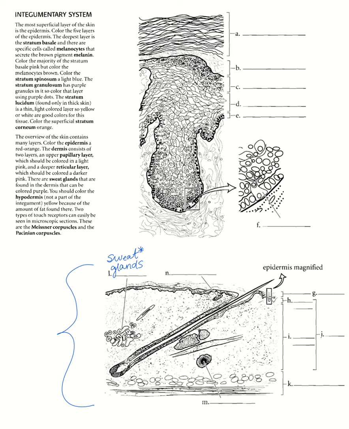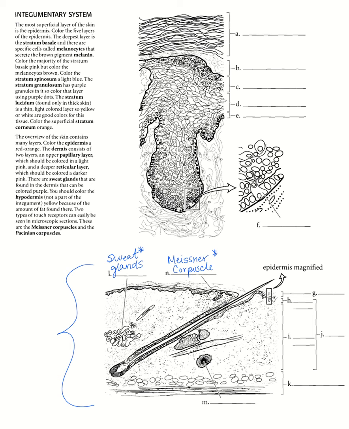And we've also got 2 different types of receptors shown in this image. Your first one here, which is N, this is what we refer to as a Meissner corpuscle. And Meissner corpuscles are going to be responsible for light touch.